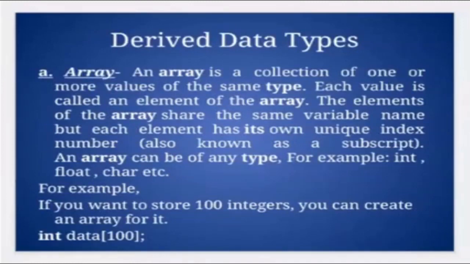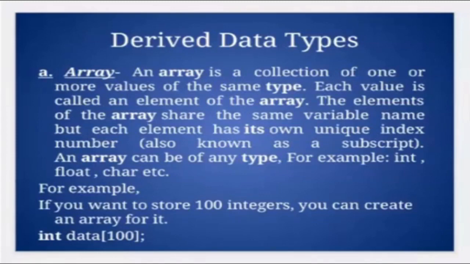Derived data types: array. An array is a collection of one or more values of the same type. Each value is called an element of the array. The elements of the array share the same variable name, but each element has its own unique index number, which is also known as a subscript.